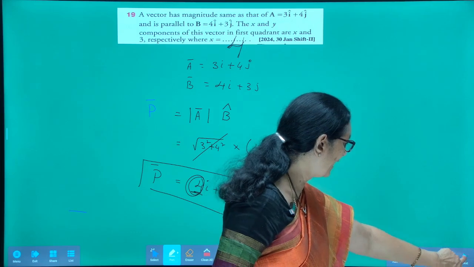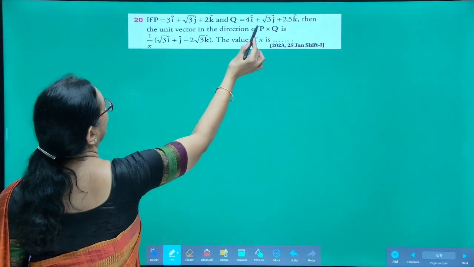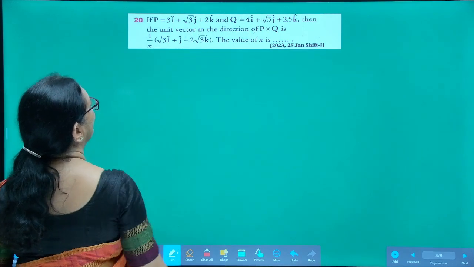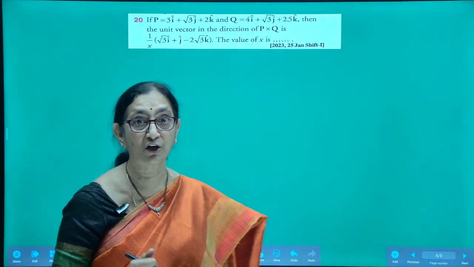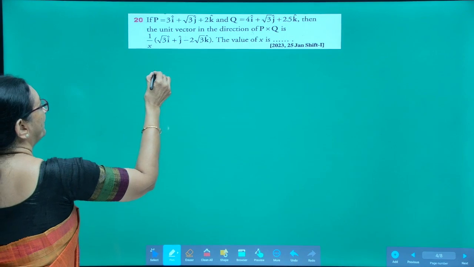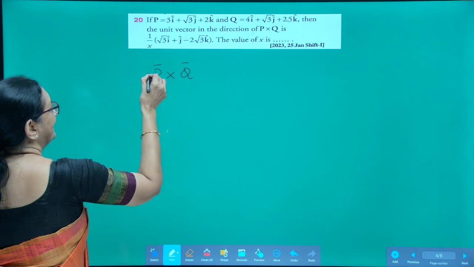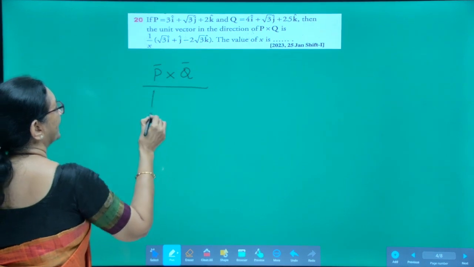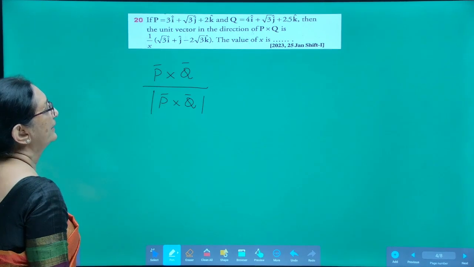Okay? Now, look here. P bar is given, Q bar is given, and we want the unit vector in the direction of P bar cross Q bar. So, the unit vector of P bar cross Q bar is P bar cross Q bar by modulus of P bar cross Q bar.